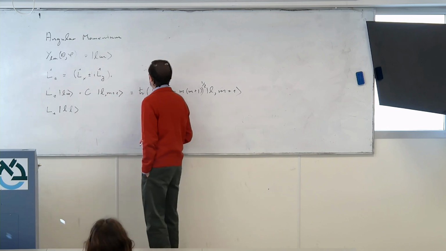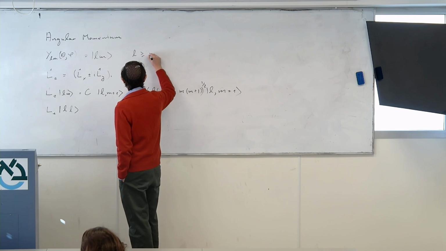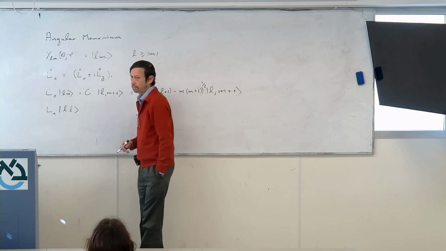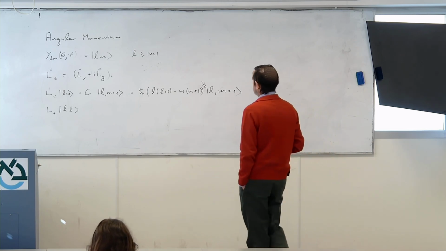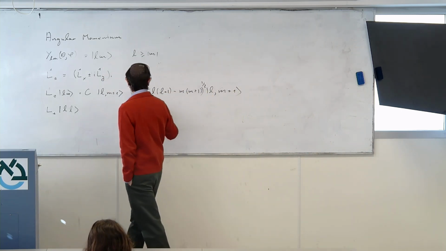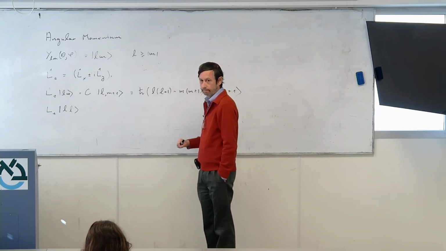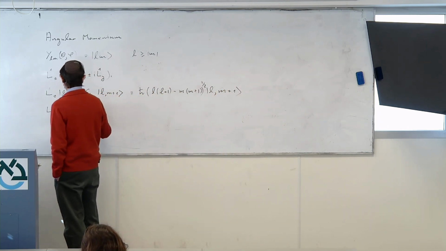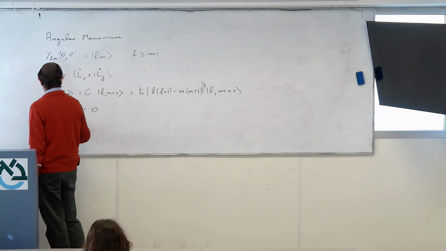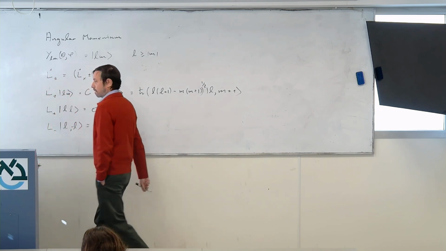as we have defined previously, M has to be either smaller or equal to L. If we're trying to add a state above L, we will get here 0, just from the normalization factor, and similarly, if we are trying to move below, we will get 0.